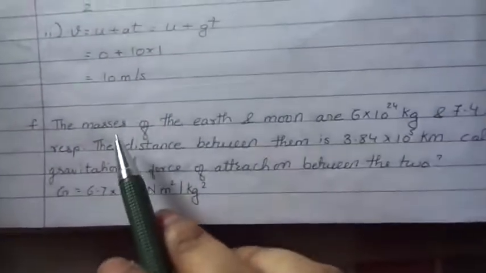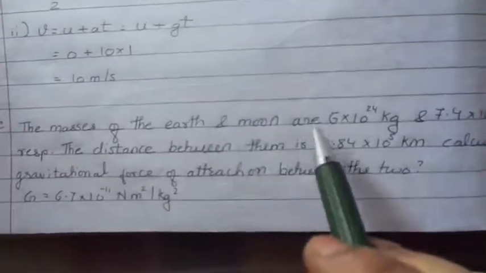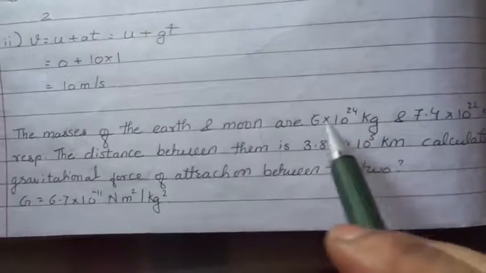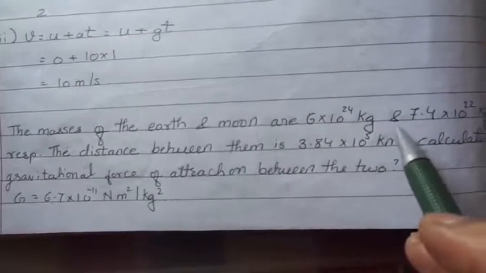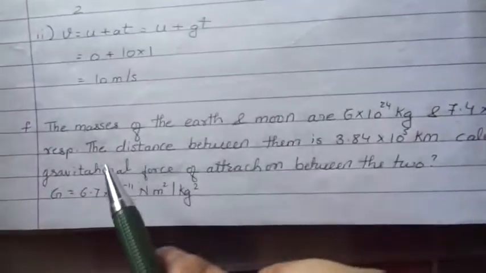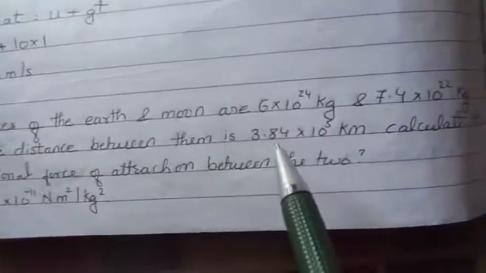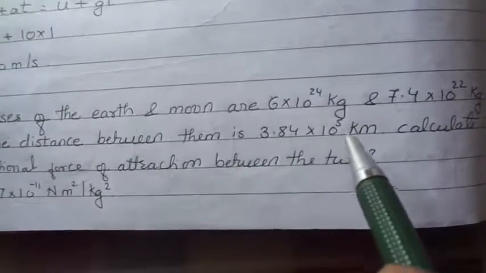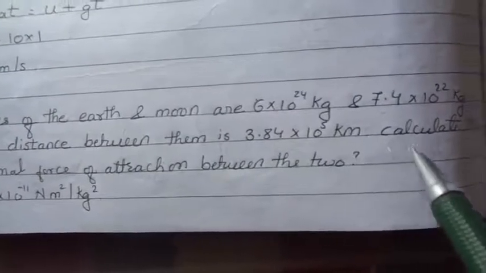This is a second example. The masses of the earth and the moon are given as 6.6 into 10 to the power 24 kg and 7.4 into 10 to the power 22 kg respectively. The distance between them is 3.84 into 10 to the power 5 kilometer.